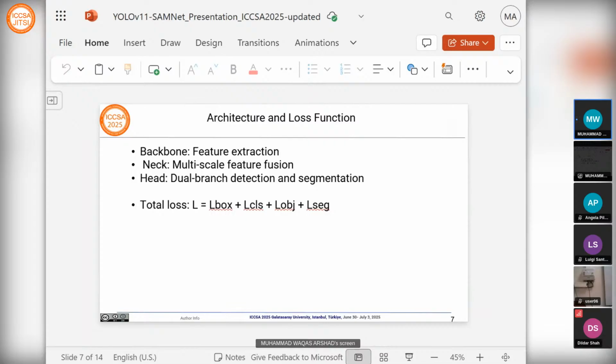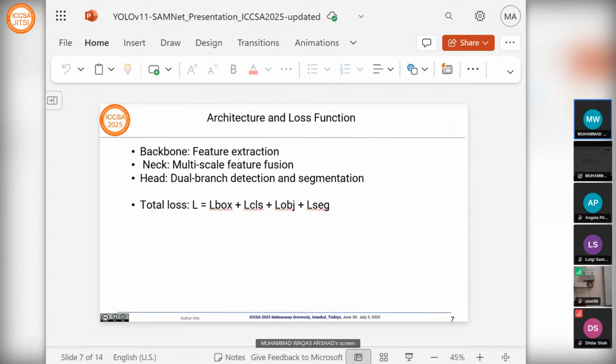And then the objectness loss is determined with the bounding box. Actually, we can say it determines whether it contains an object, or it's just background. And then the segmentation loss measures the accuracy of the pixel level mask that outlines the shape of the object. So in this whole architecture, we have a one stage instance segmentation framework.